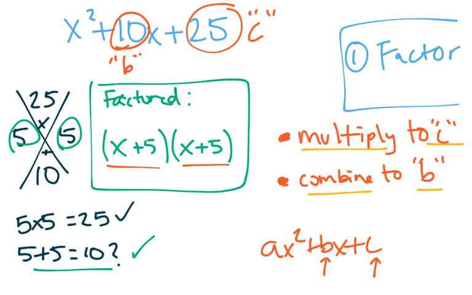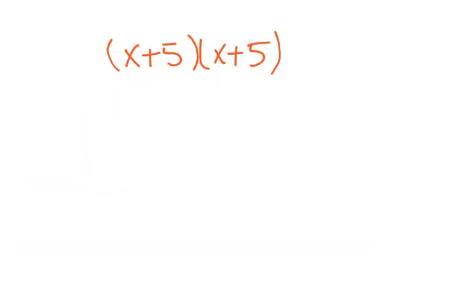Now, how can I check to make sure I did this right? Well, we've got x plus 5 times x plus 5. Does this look familiar to anybody? Do we remember, if I were to put this back into this form, x squared plus 10x plus 25, what is this called?